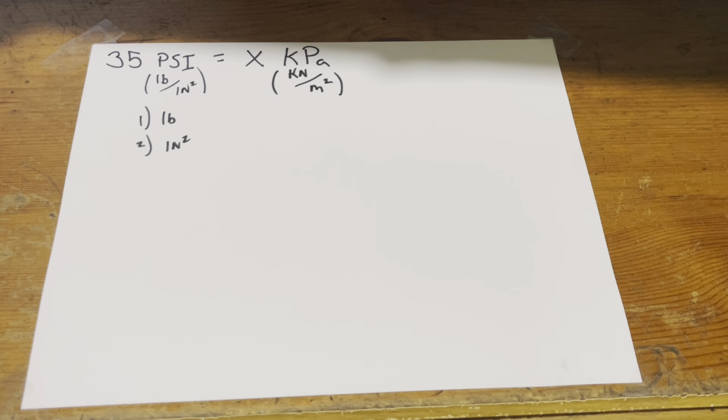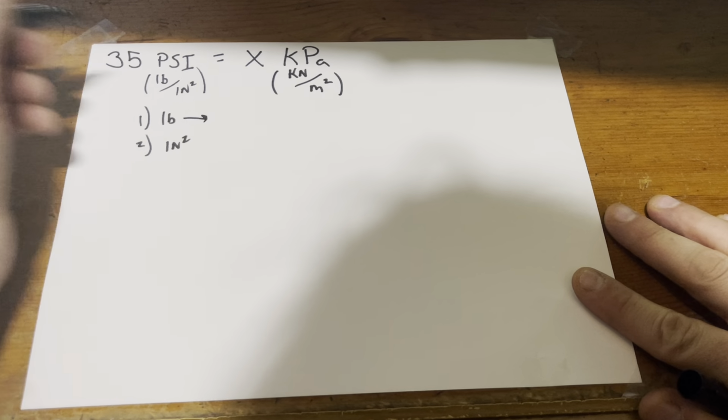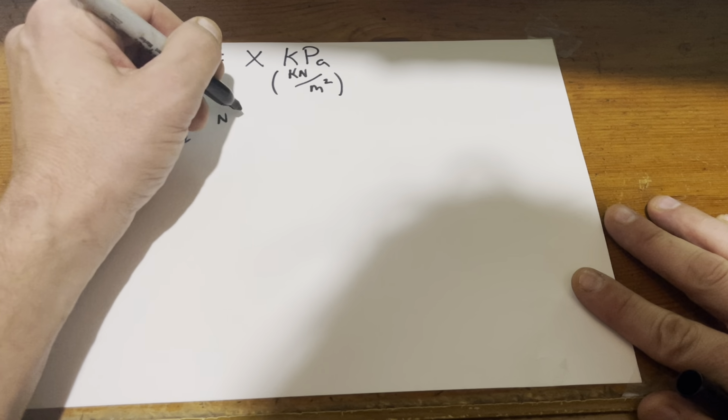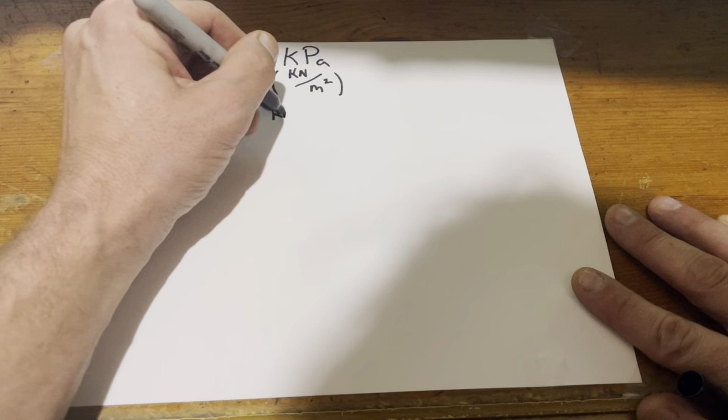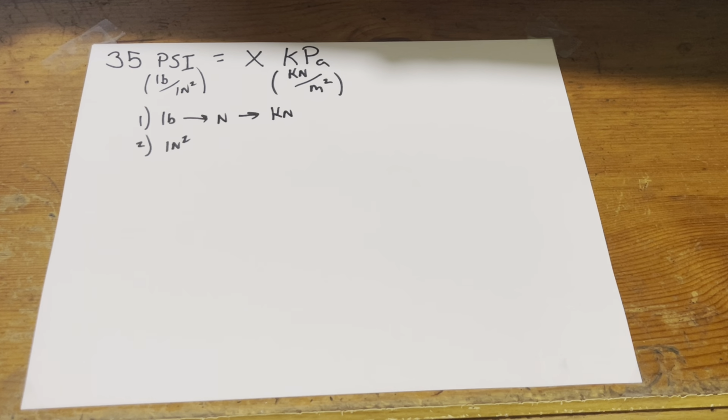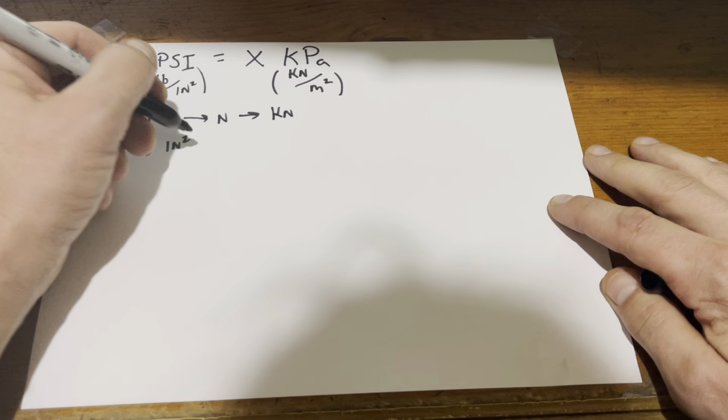So, using our equation sheet, our reference sheet, it's the only thing you should be using, in terms of context, we're going to go to pounds and newtons to kilonewtons. Going from standard to metric. Now we're going to do the same thing with the inches squared.